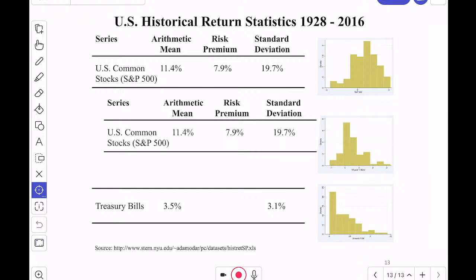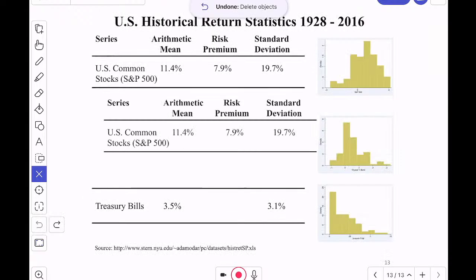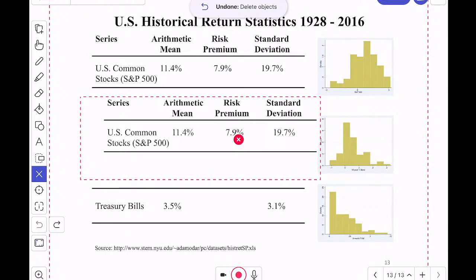So in terms of common stock, let's erase this one. Oops, that doesn't work. Nope.